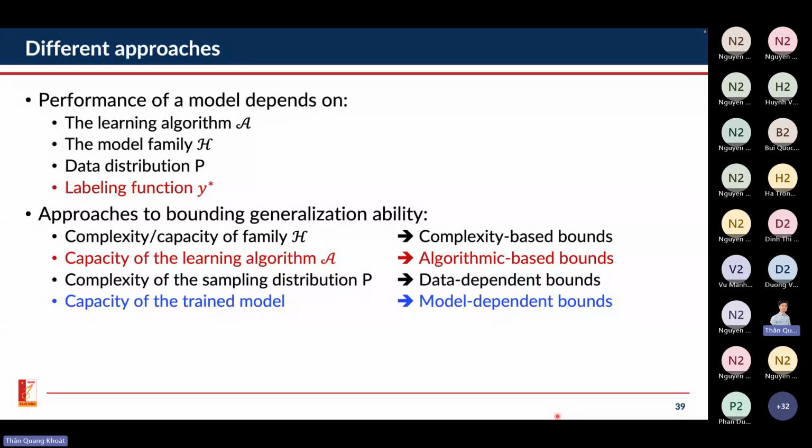It is unclear which one should be easier. And of course, one of the most classical ways is to analyze a family of models, the model family. It means that we are trying to analyze the complexity of the model we use.